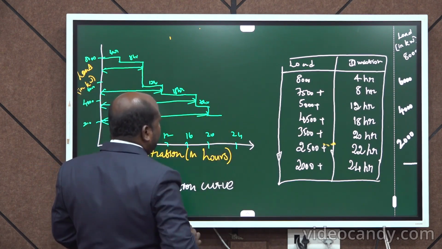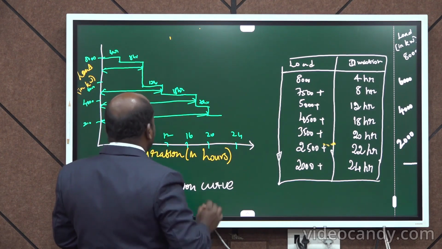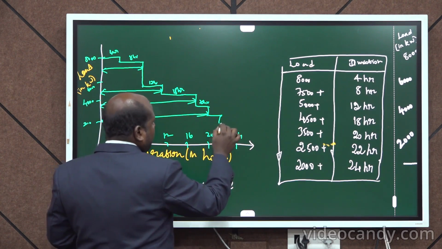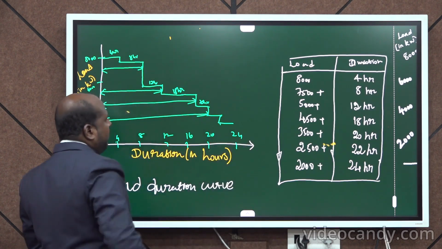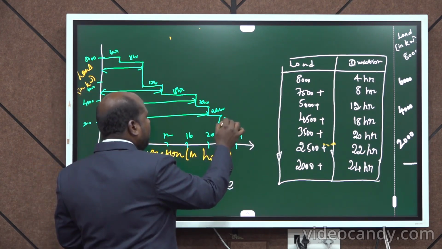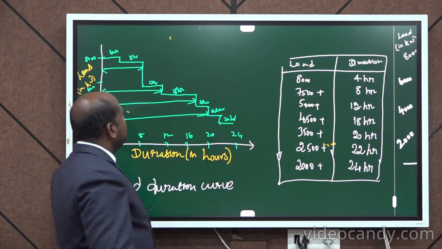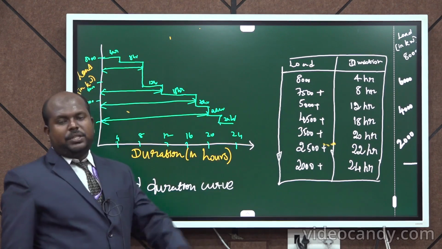So I am going for that 2500 in the range, right? So 2500 in the range, and thereby the 2000 plus range is getting evolved, right? So it's going to be for the 22 hours, and it's going to be 24 hours. So this is the curve which clearly notates your load duration curve.